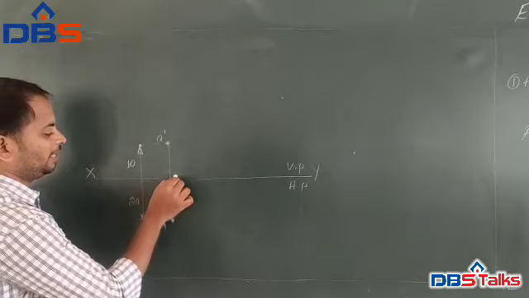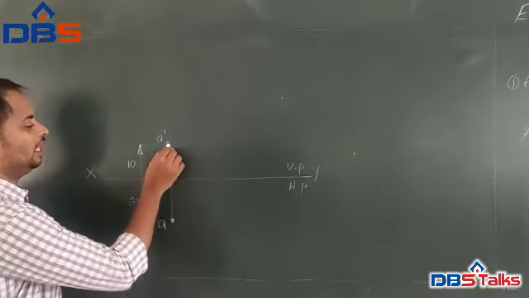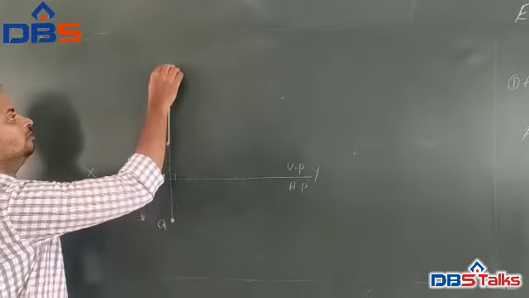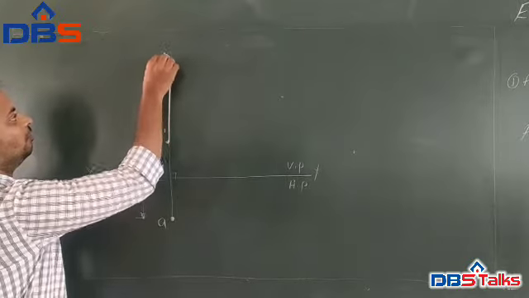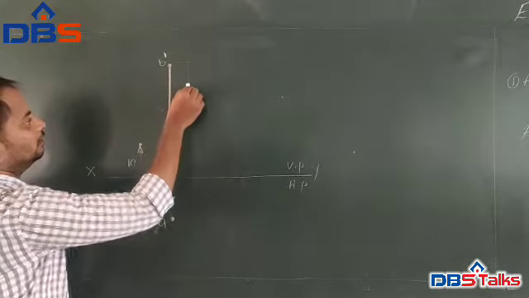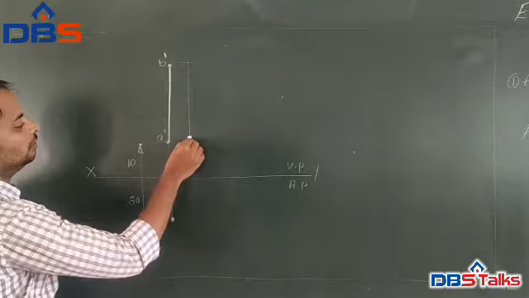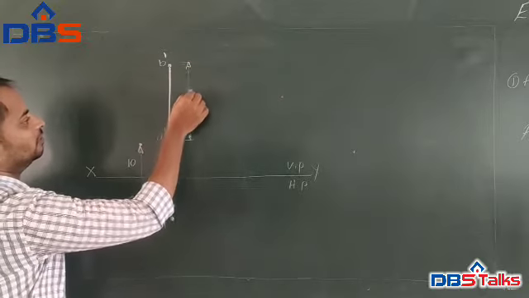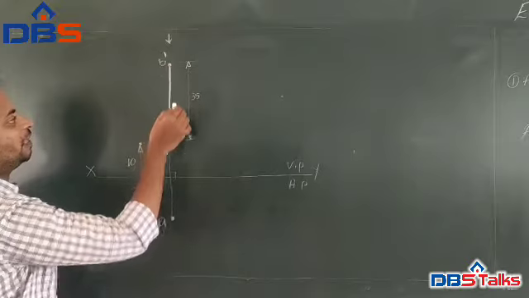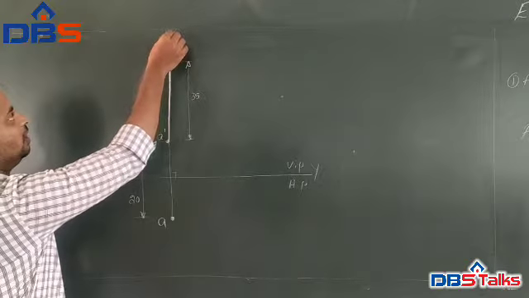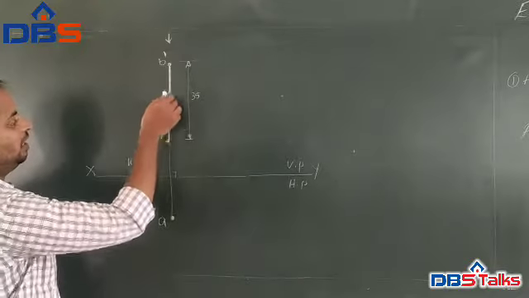So it is perpendicular to horizontal and parallel to vertical plane. So it is of length 35 mm.